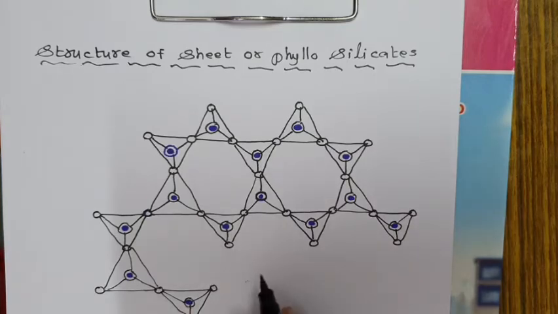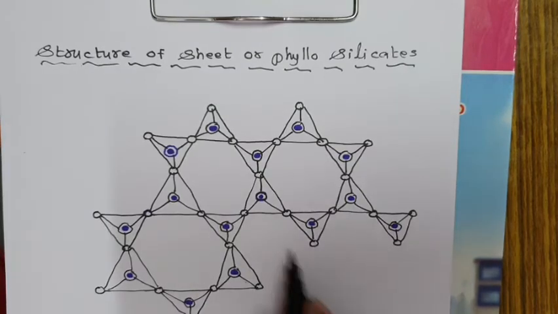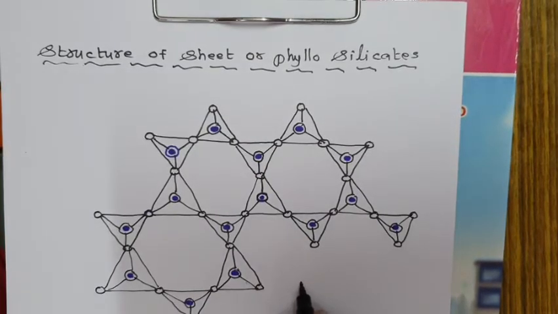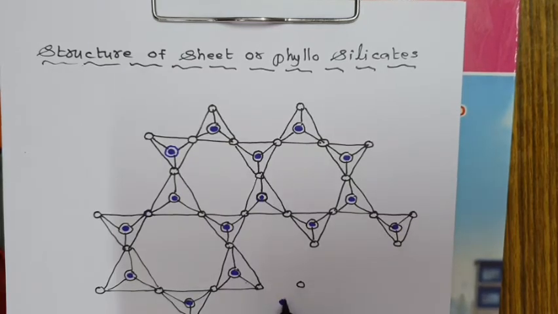Then above this one oxygen, at the center one silicon surrounded by oxygen, 1, 2, 3, all the oxygen atoms are joined. Then reverse of this, one oxygen, at the center silicon surrounded by oxygen.